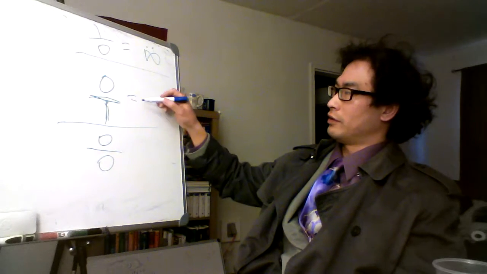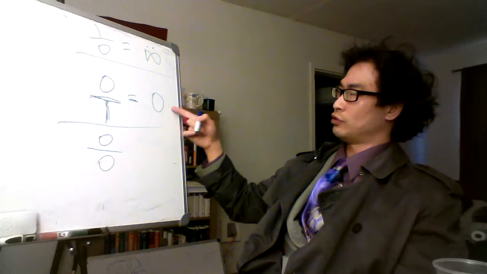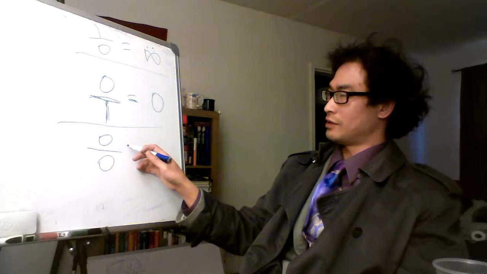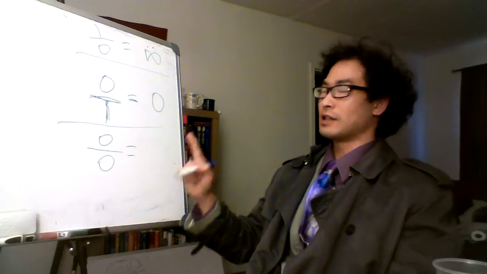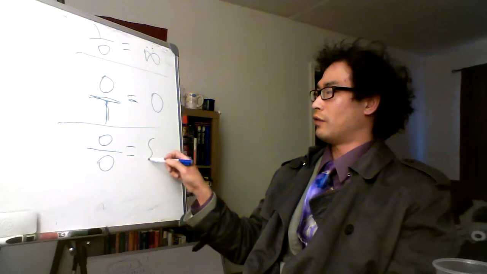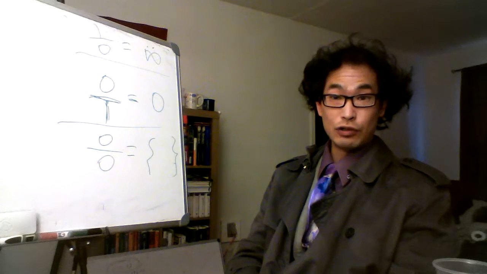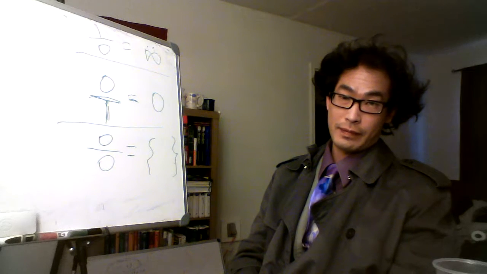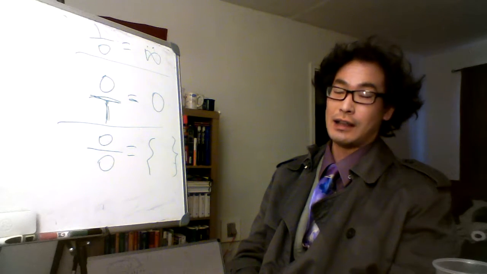0 over 1 is 0, constant. True 0. Then what is 0 over 0? It's not a single number, but it's a set of every single number in the universe, including infinities and infinitesimalities and constants.